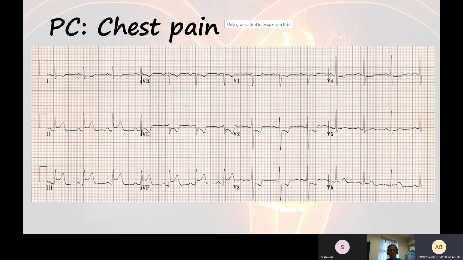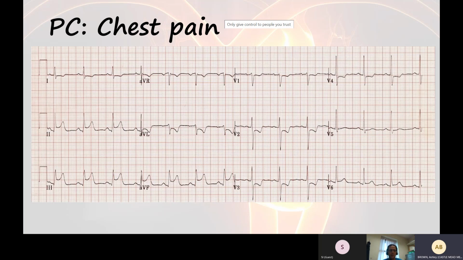So on balance, just from the obvious abnormality, it's an inferior STEMI with reciprocal changes. There's nothing else I can really note, with T wave inversions anywhere else. No obvious Q waves. No obvious QRS morphology changes. So I think it's just a STEMI.